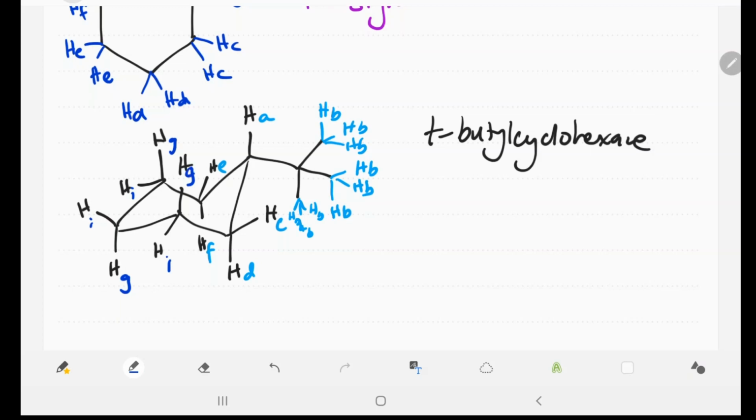So we would see a lot of signals. We may think, oh, well, we have different ones, but because we have axial and equatorial ones that aren't flipping, those are going to behave differently. So I and G, for example, don't see the same thing as each other. They are separate.